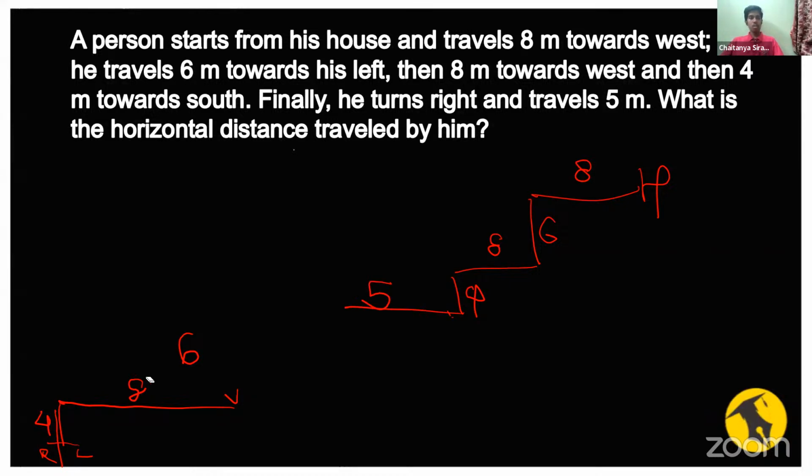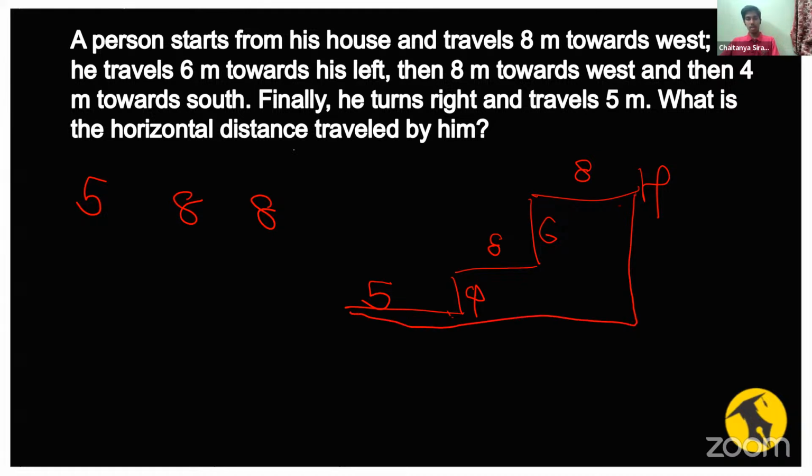All right. Now the question asks for the horizontal distance traveled by him. So it is simple. You just add this 5, 8, and 8. I'll draw a separate diagram. Let's say his house was here, travel this way.